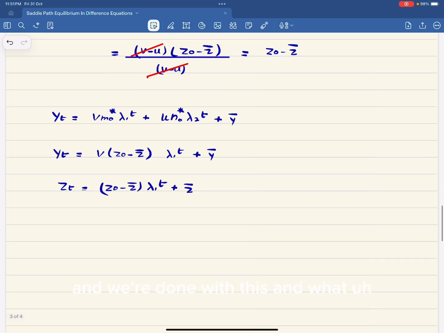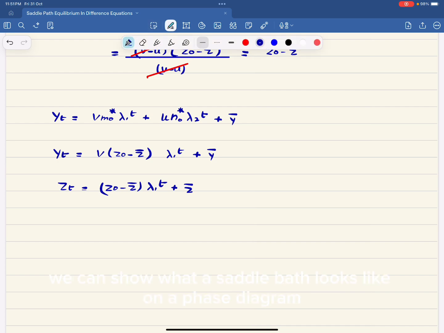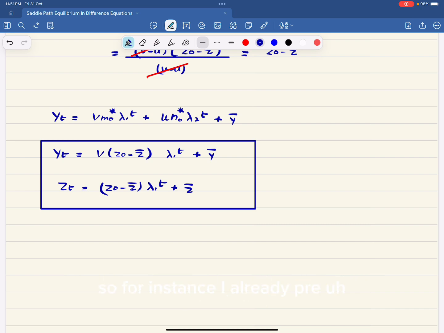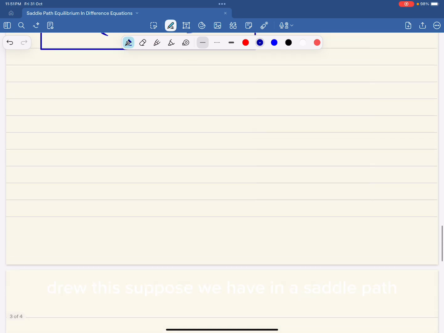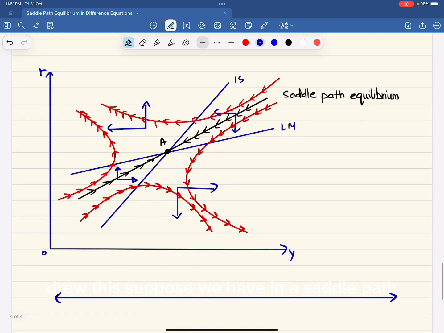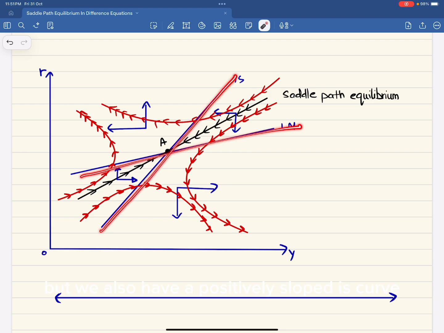And what we can do is show what a saddle path looks like on a phase diagram. So for instance, I already drew this. Suppose in a saddle path, we have a positively sloped LM curve, but we also have a positively sloped IS curve.